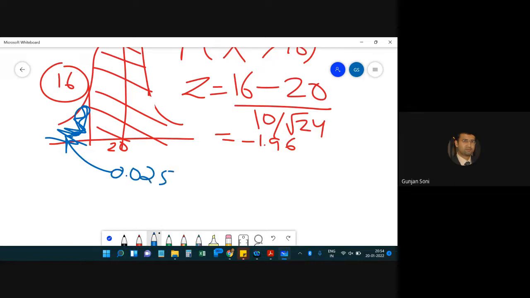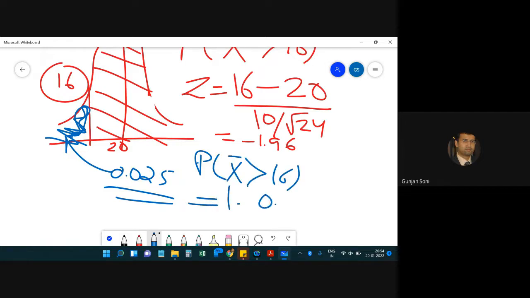But we are interested in the probability that x bar is greater than 16. So that will be 1 minus 0.025, which is equal to 0.9750. Any doubts in this? No, sir. So this is the probability that we wanted to find out.